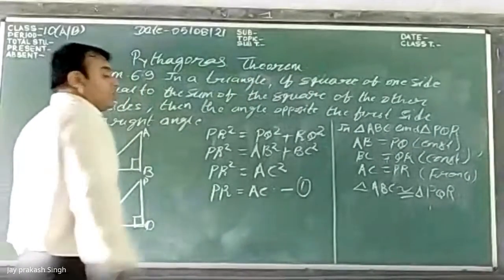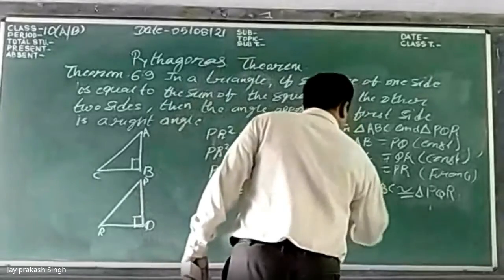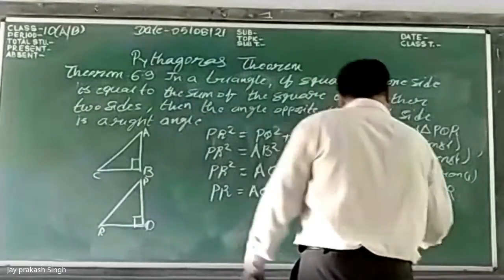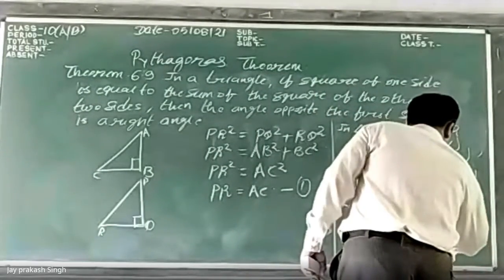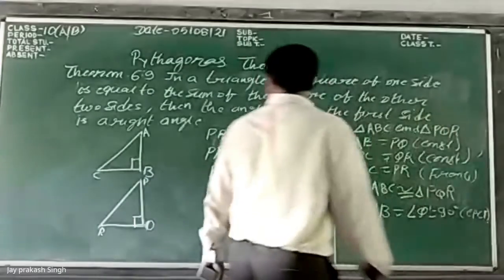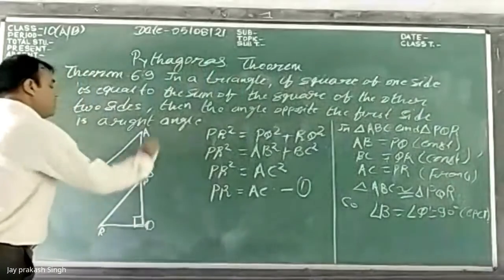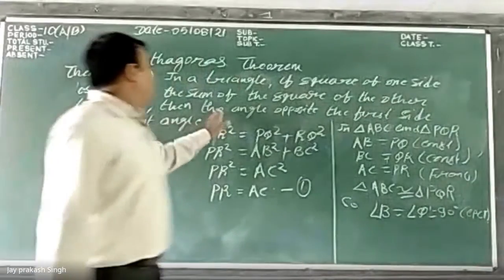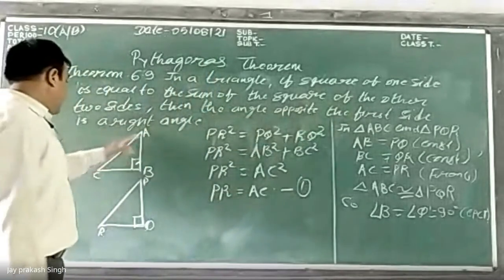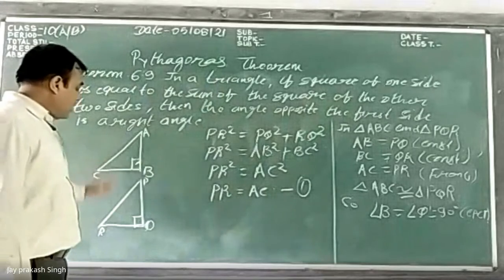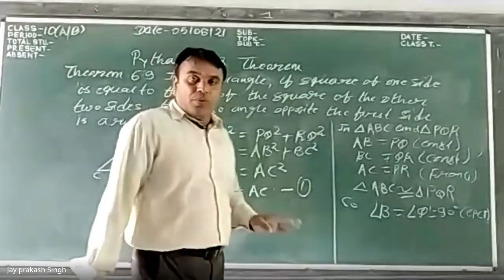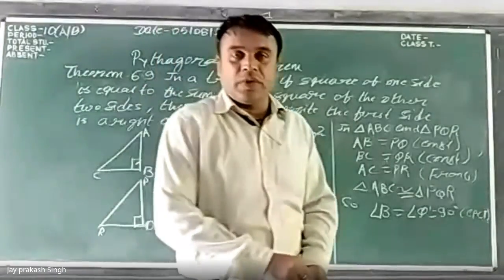So we can write angle B equals angle Q equals 90 degrees by CPCT. In this way, we have proved that angle B is 90 degrees. So the angle opposite to the first side is a right angle. This is the first side, so B is 90 degrees. In this way, we have proved the theorem.